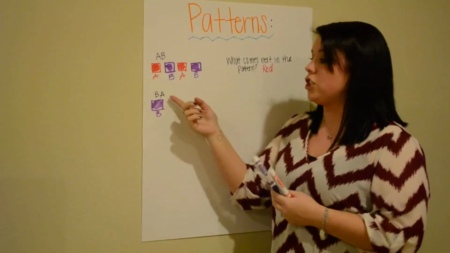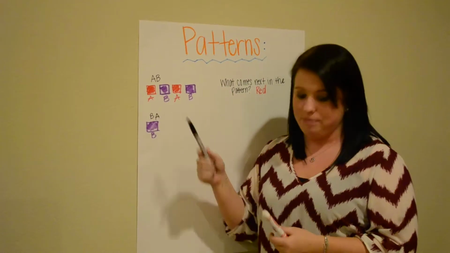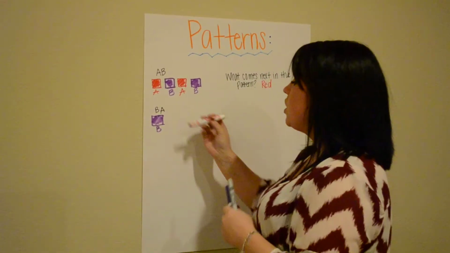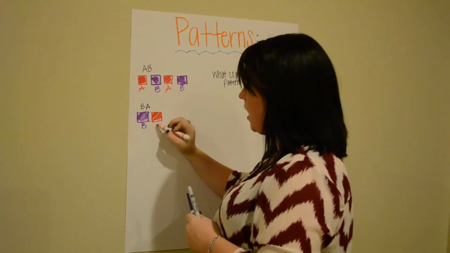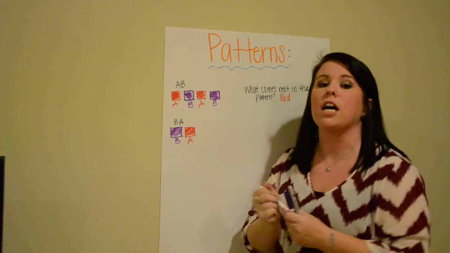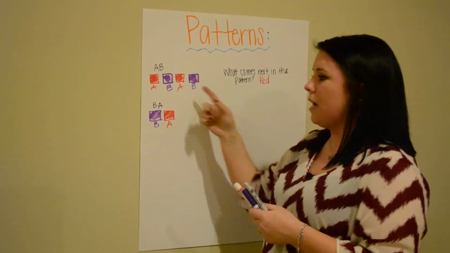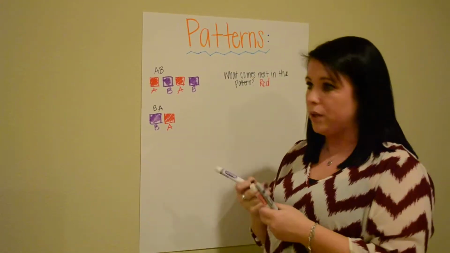Then in the instructions, pretty much, it explains that it wants us to use A. So A was red. So we're going to make a red square, color it in, and be sure to label it just to help us determine what we're working with. And then, like we did before, we have purple, red, purple.